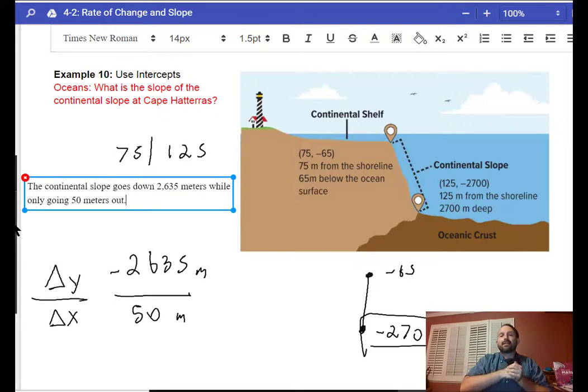So it goes down a tremendous amount while it's going 50 meters out.